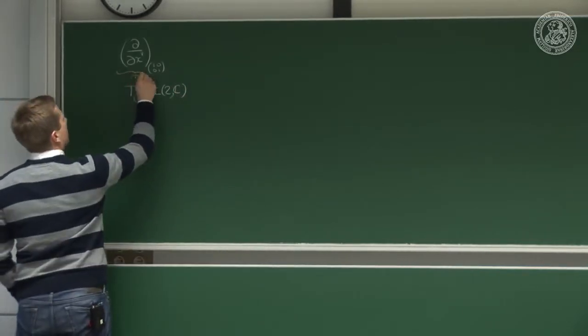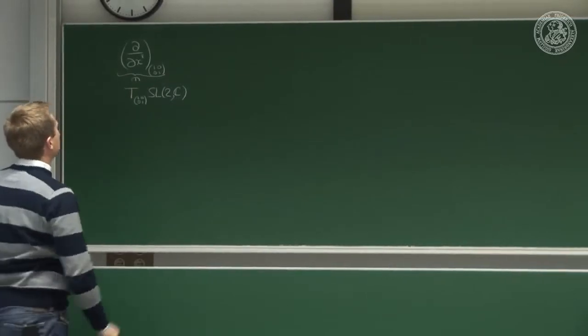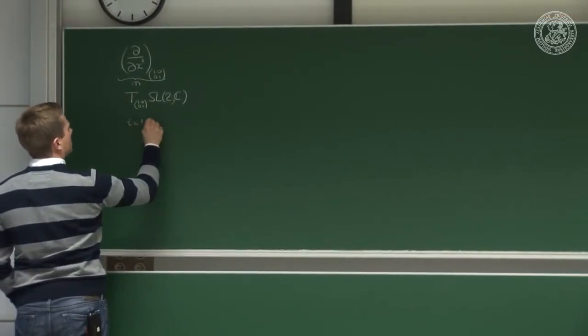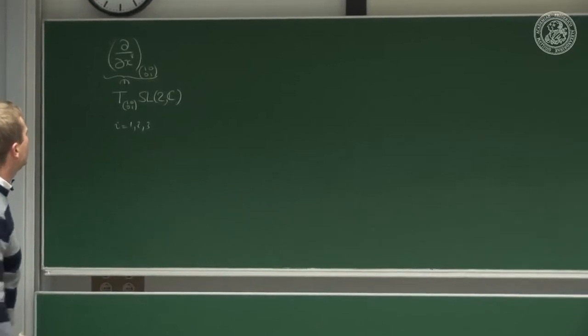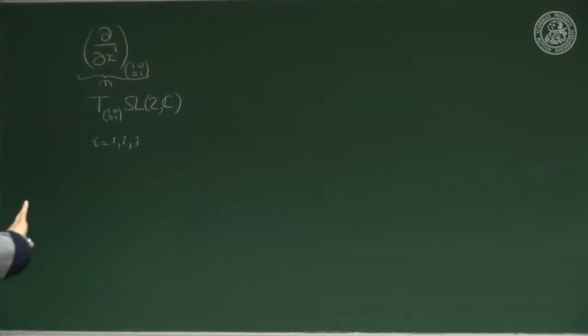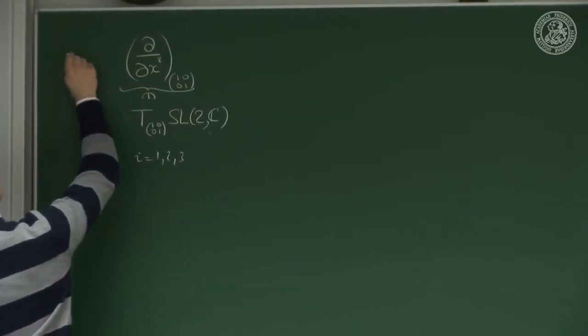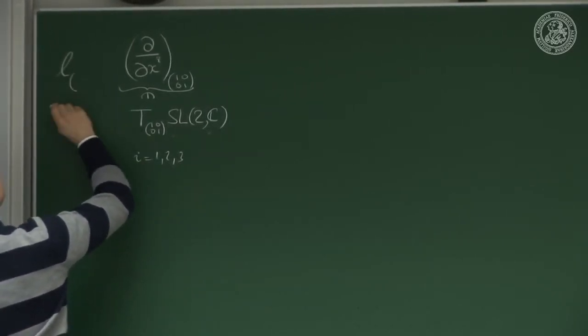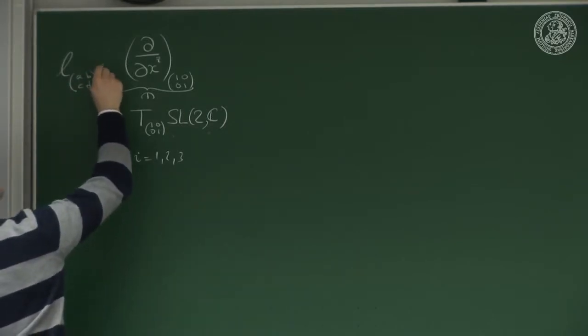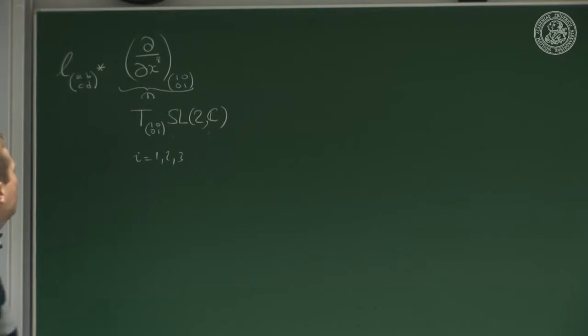We constructed from these, where I runs from 1 to 3, the left invariant vector fields on all of SL2C by virtue of taking a left translation to a point ABCD and the push forward thereof.